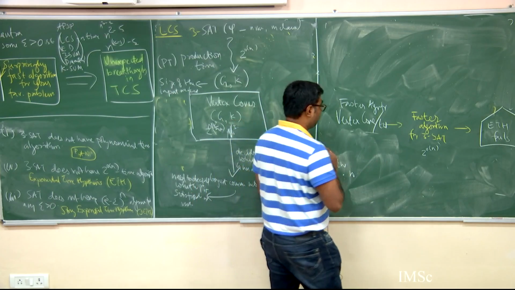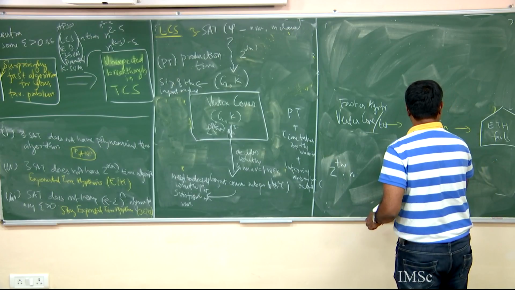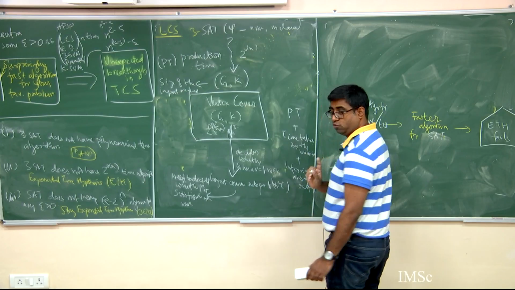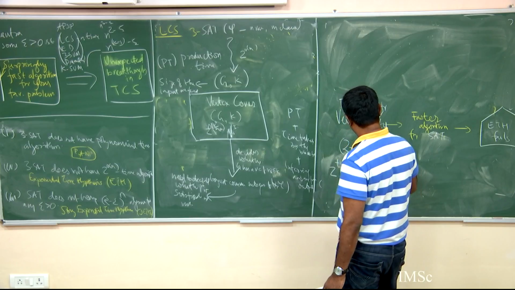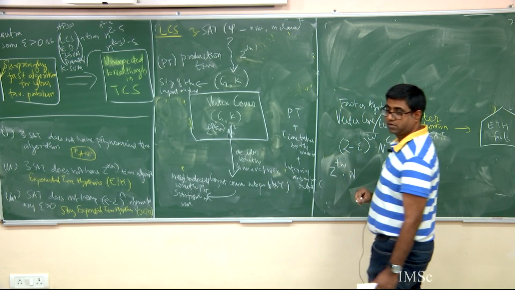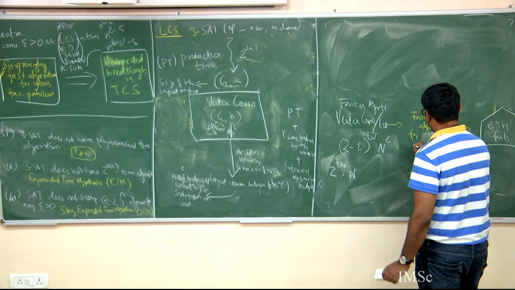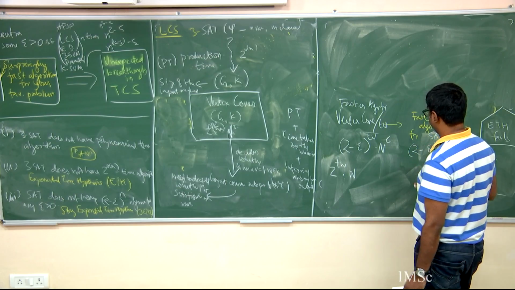And now what I want to show is that if I have a (2 minus epsilon) to the power treewidth times some n to the power c algorithm, it does not matter what c is, then I will be able to get a (2 minus delta) to the power n algorithm for SAT.